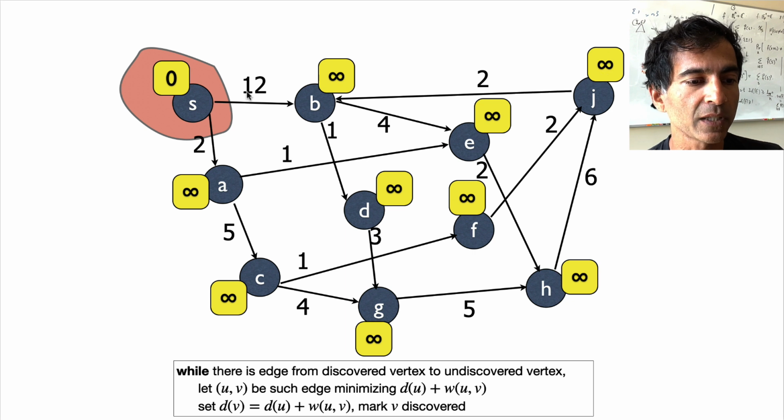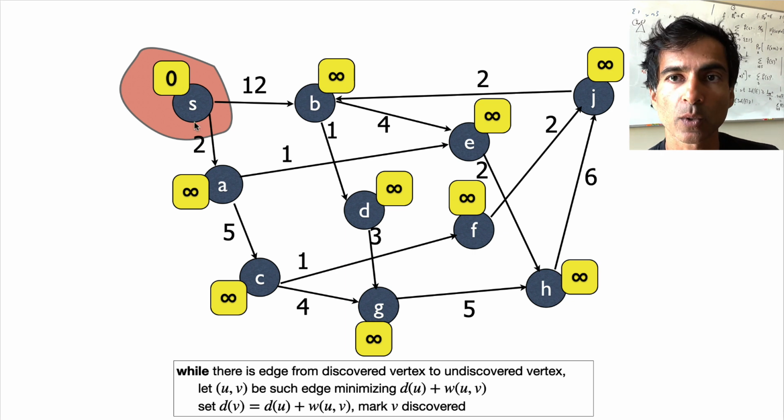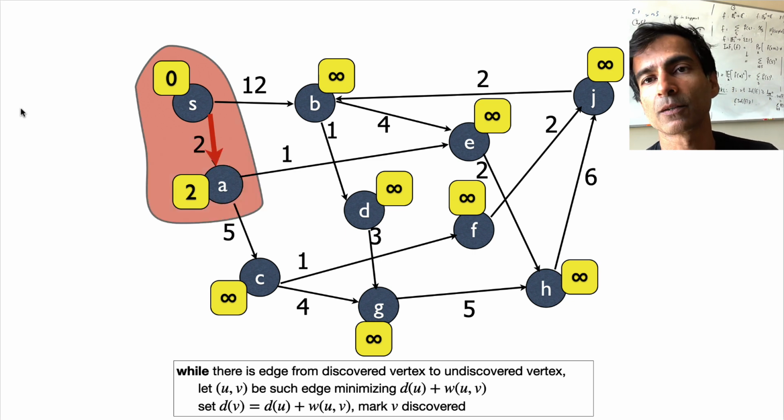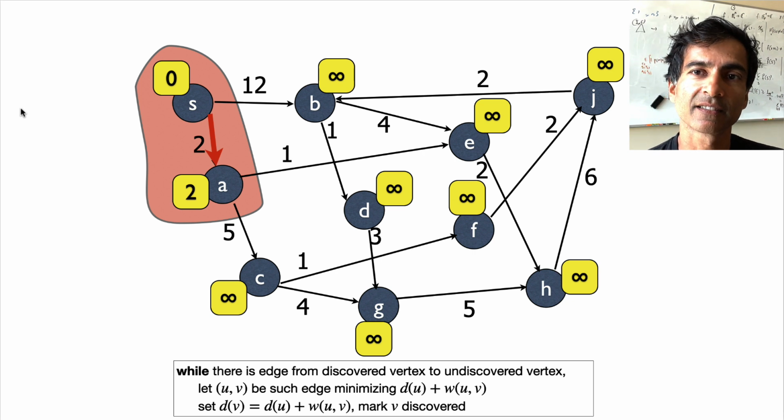And then in each step we look at the vertex that is cheapest to discover. So in this case, we could discover A at a cost of 2 or B at a cost of 12. So it's better to discover A. So we discover A and set its cost to be 2. And now we include A in the bubble of discovered vertices.